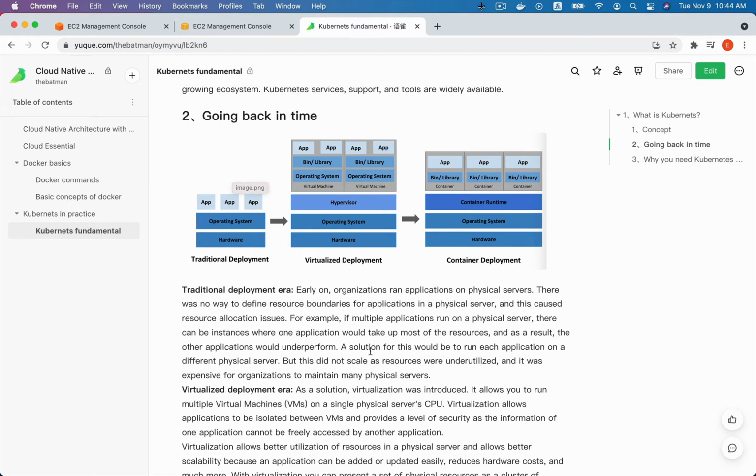A solution for this would be to run each application on a different physical server.